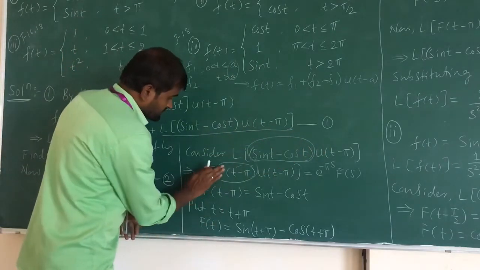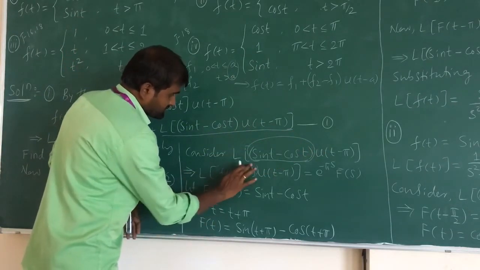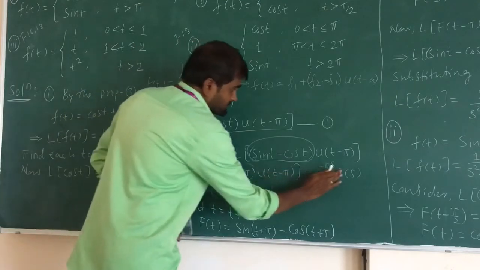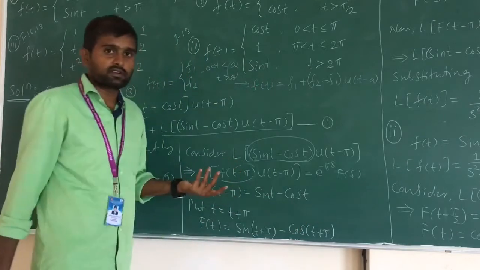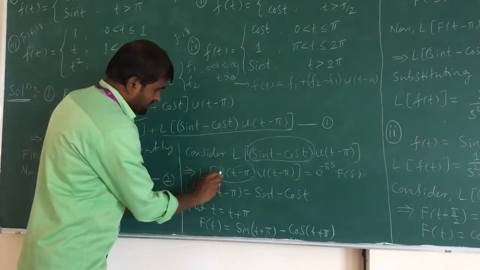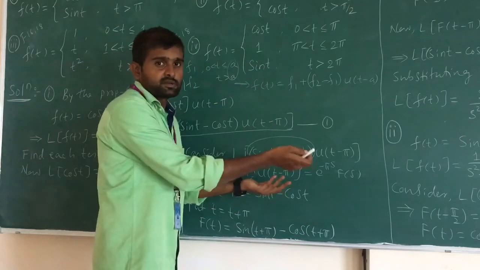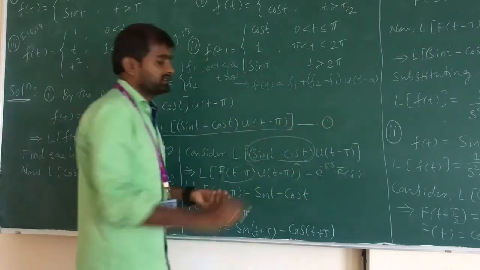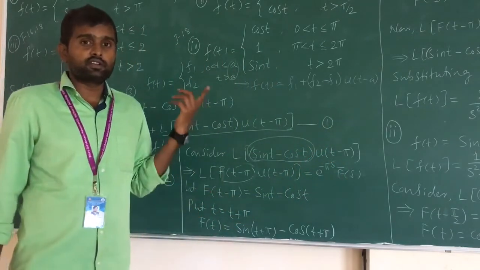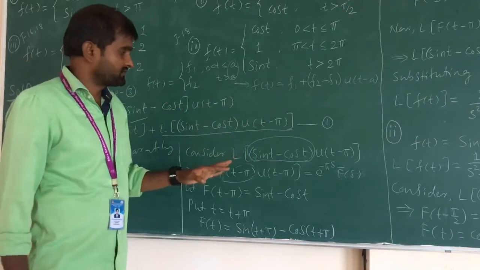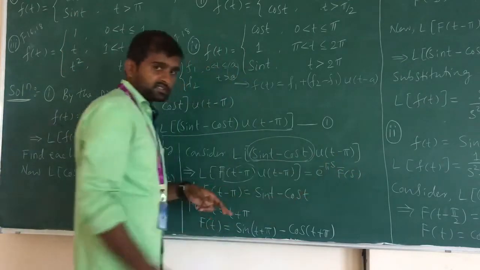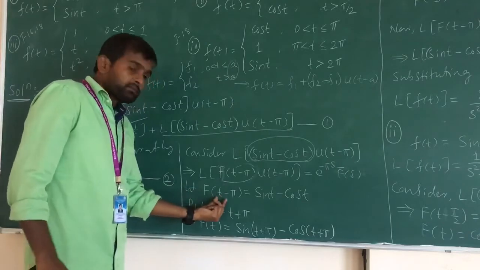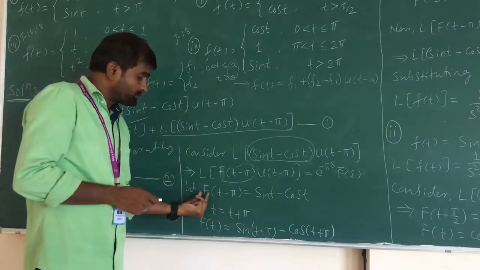If you have small f, this is small f, and this is capital F of s. Clear? If you are taking capital F, notice it changes. I am just writing conjugate capital F of s. Then by the definition of Laplace, this should be f of t again.